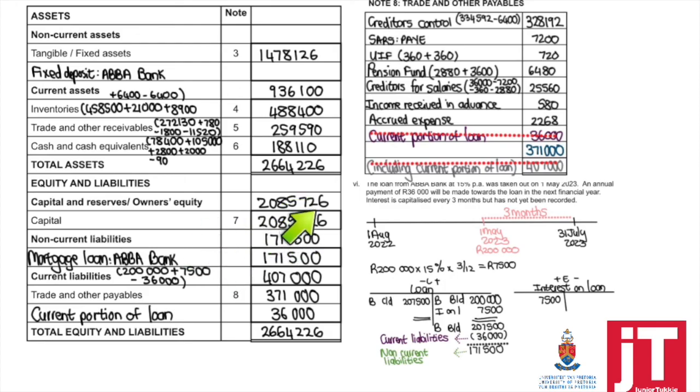Your total capital plus non-current liabilities plus current liabilities equals total equity and liabilities. You should know that this should be the same as your total assets. Now we work backwards. Minus current assets equals non-current assets. So your fixed deposit becomes the balancing figure, 250,000.